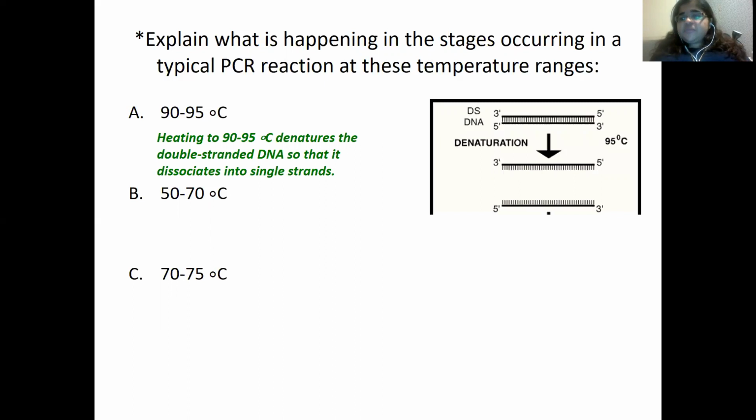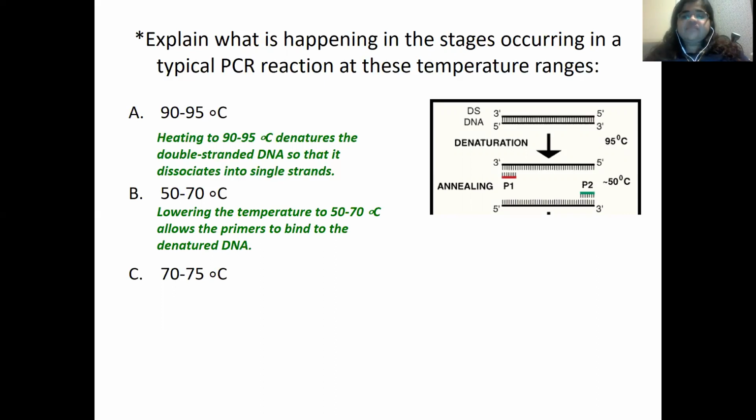That is the temperature where our DNA is denatured. All the hydrogen bonds between the strands break and it pulls apart and stays apart, turning it into single strands, because you want them single stranded to start the process of PCR.